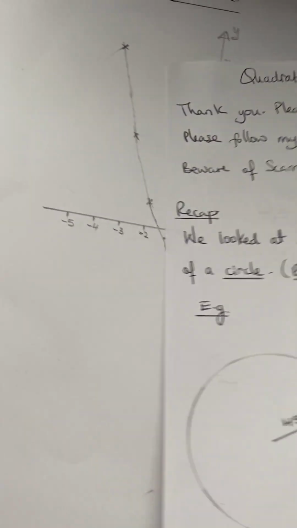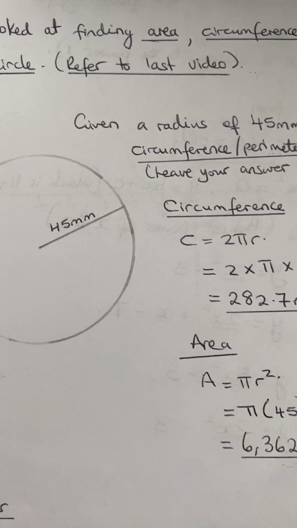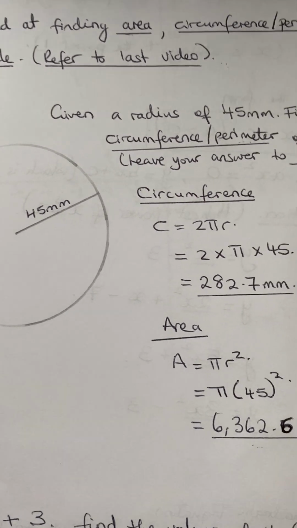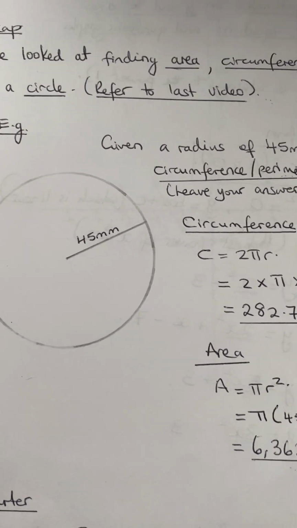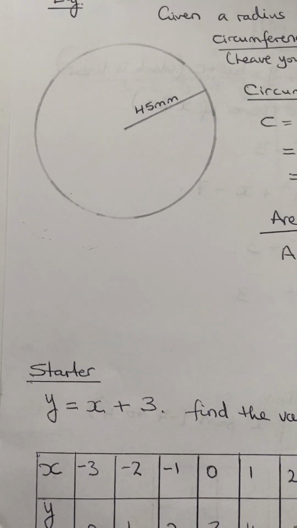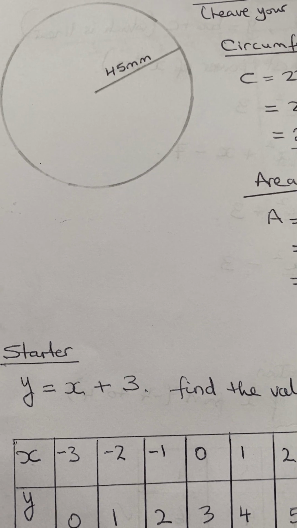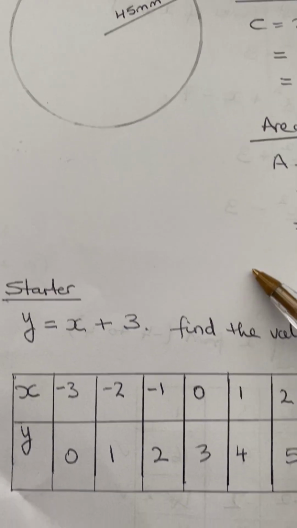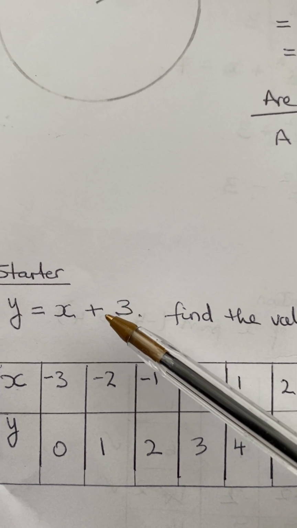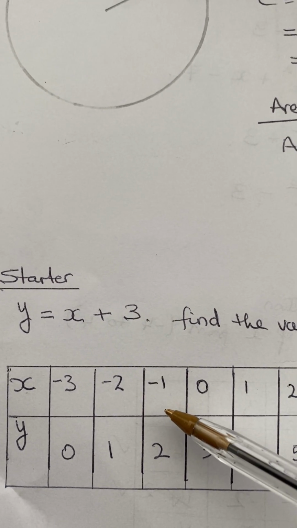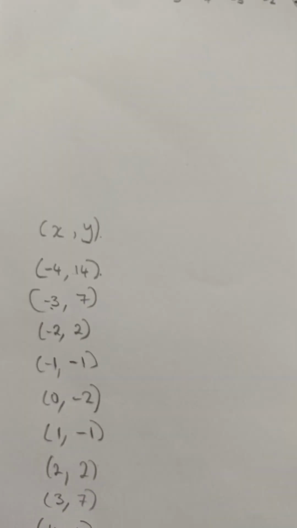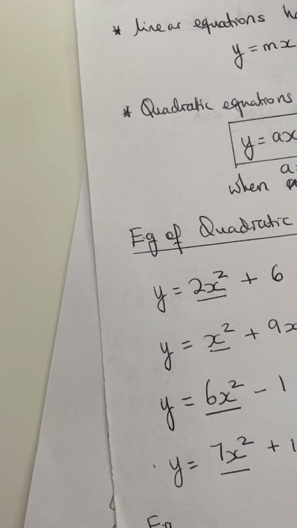So quickly, I've done a recap with you with area, circumference and radius of a circle. We've done an example. We've gone on to look at the starter to see how we can tabulate a linear graph with the points. But we didn't plot any linear graphs because we have a video on those.